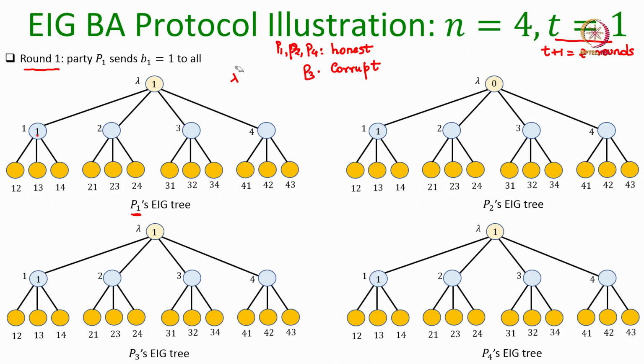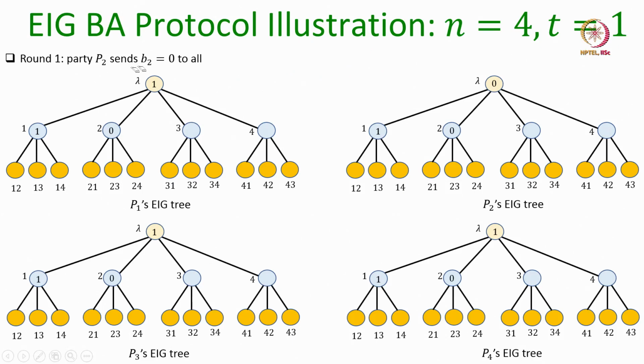Now, in the same round, round number 1, P2 will tell that its input is 0, and since P2 is honest, it will do it identically for everyone.